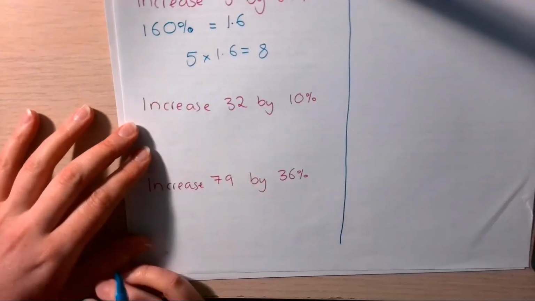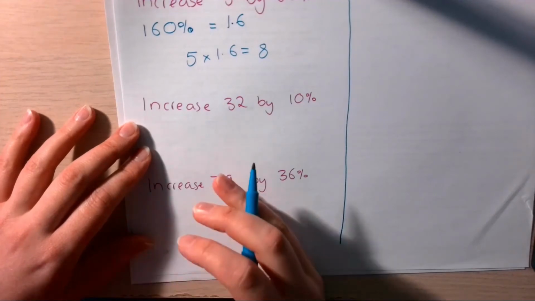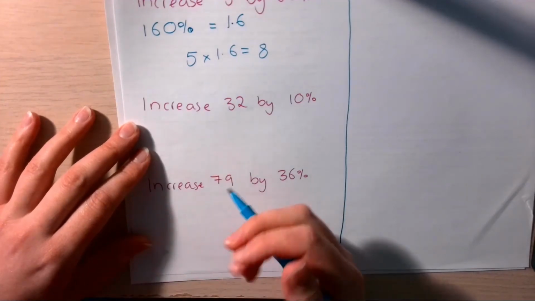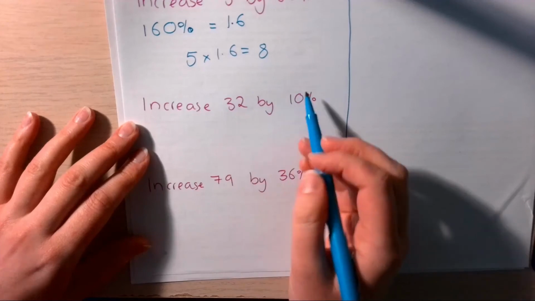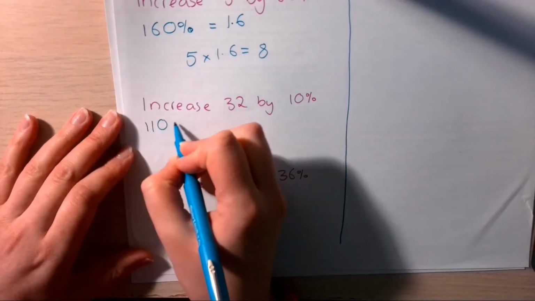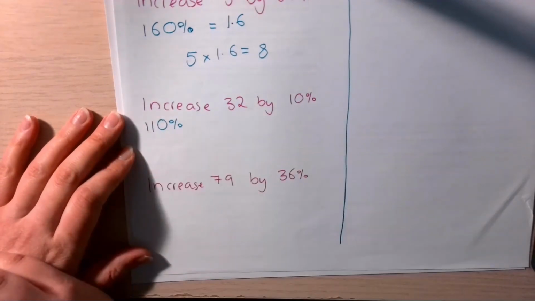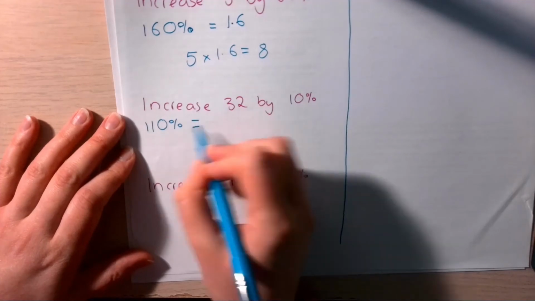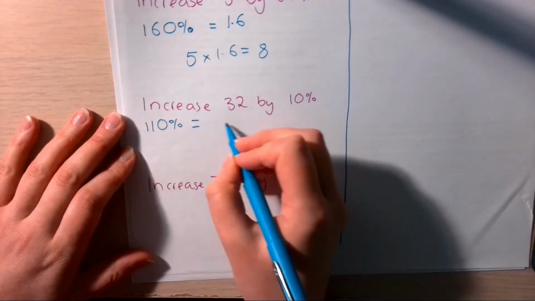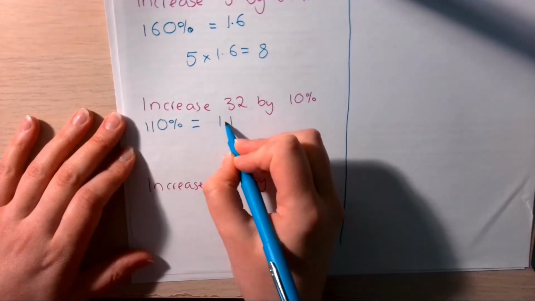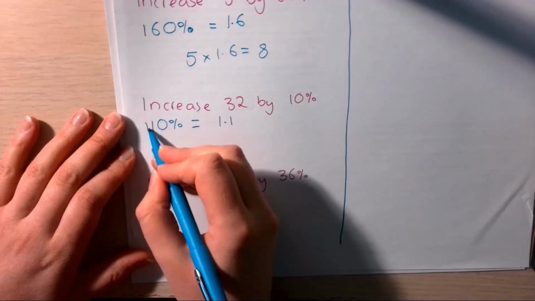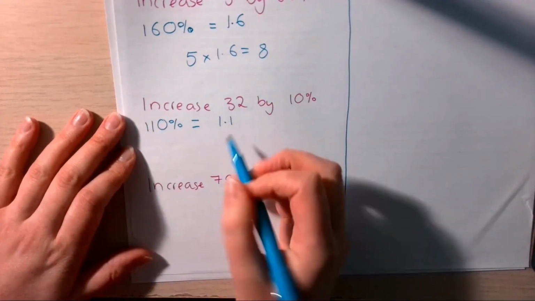Increase 32 by 10%. So this time we are looking at 110%, because we've got 100% here and 10% here. So 110% is what we want of 32. And to convert that to a decimal, we divide by 100 and we get 1.1. Okay, 110 divided by 100 is 1.1. That's our multiplier.